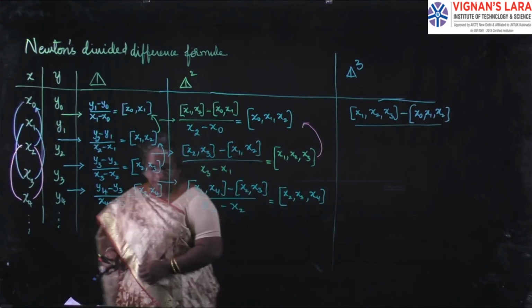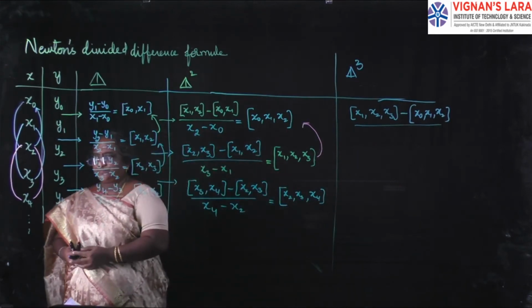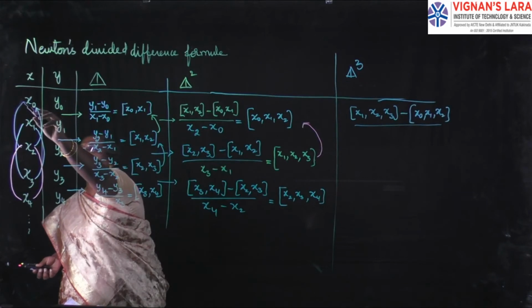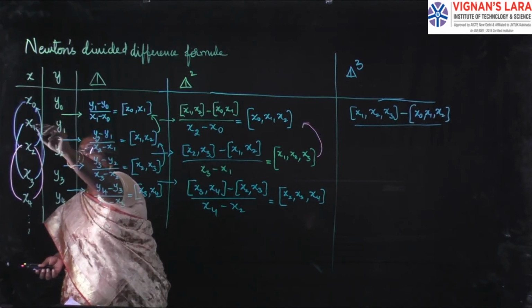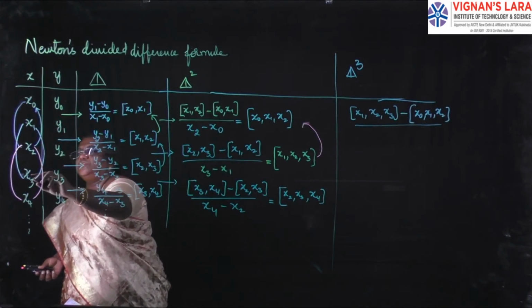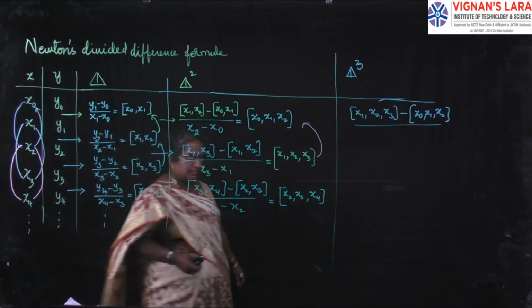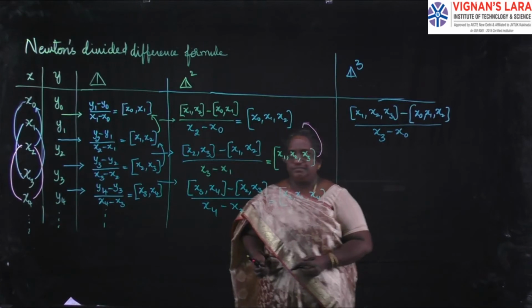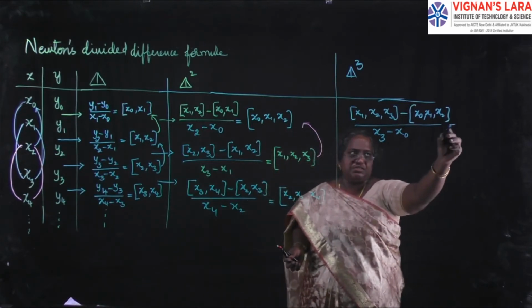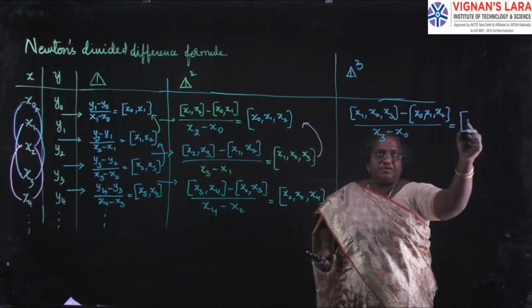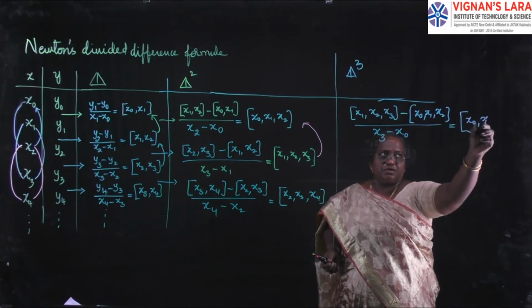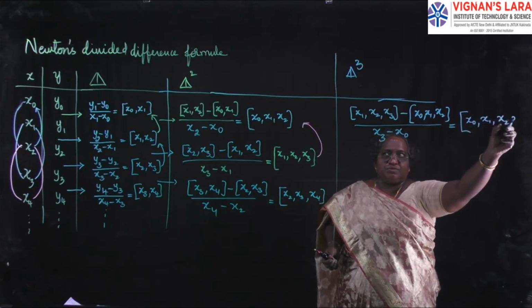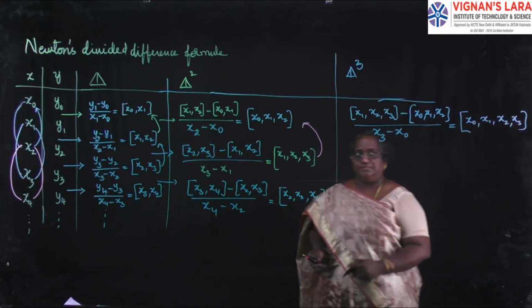This time we have to take four at a time, starting from x0: x0, x1, x2, x3. So this is x3 minus x0. This is the third divided difference of x0, x1, x2, x3.